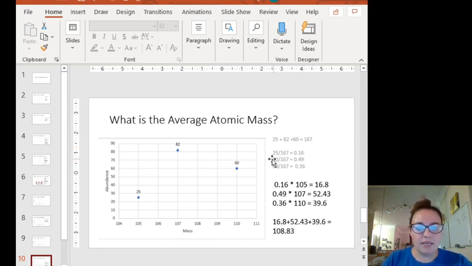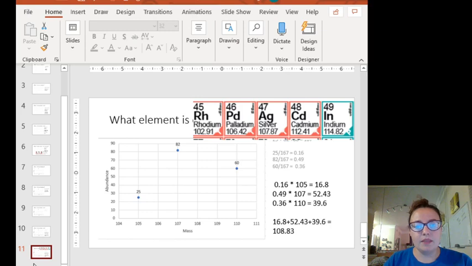So we have this 82 over 167, which is the same thing as 0.49, times 107, the next mass. We add up all of our final values, and we get 108.83. So the last step, we figure out what element has a mass close to 108.83.